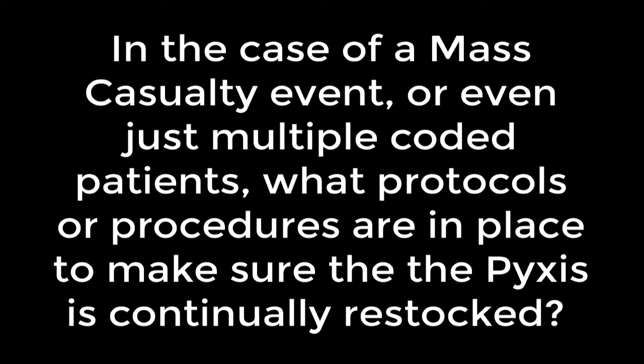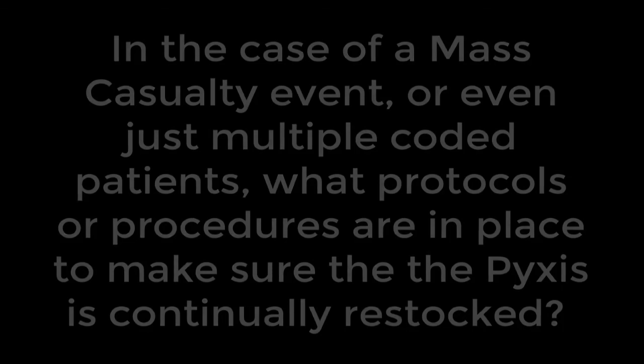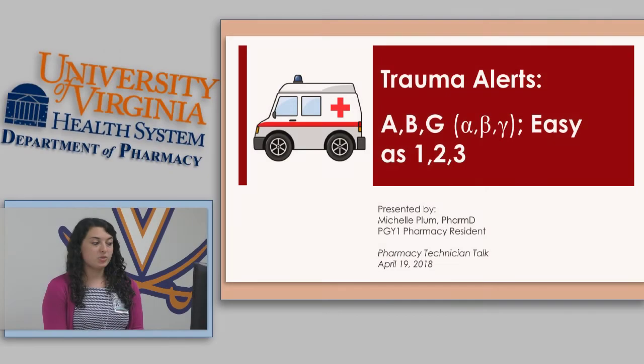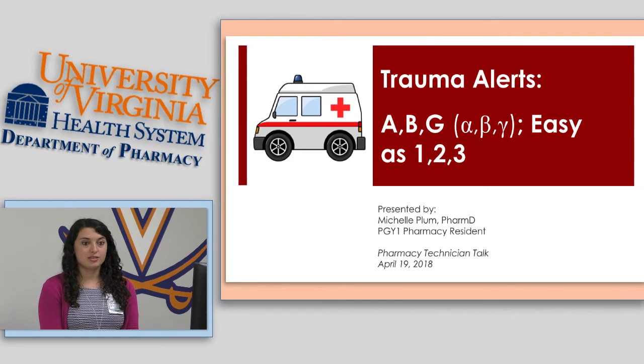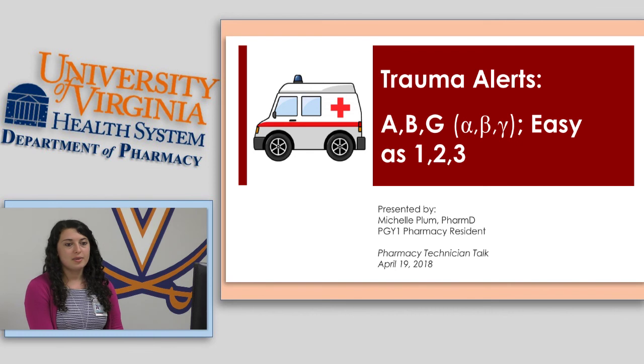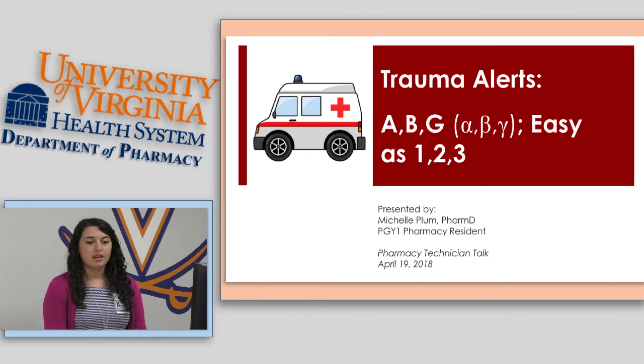So I'm not sure if we have specific protocols in place, but the most key thing that the technicians can do in that case, if you are working in the emergency department and this does happen, is just making sure that you're continuously checking medication supply. Depending on how many people are coming in, the inpatient pharmacy would definitely be notified of this, and we could even bring things up to you.